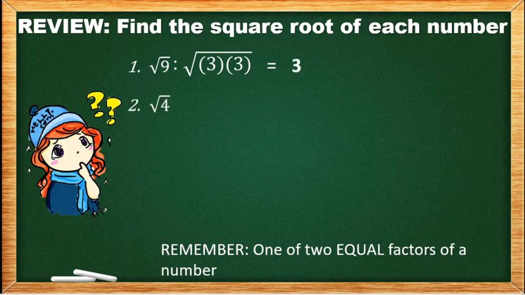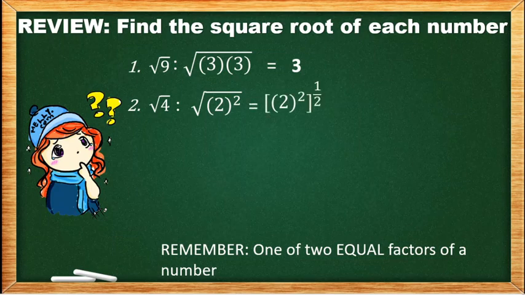And number 2, another method to find the square root of a number. Let's see how. Square root of 4 equals square root of 2 squared. This is the long method. Equals 2 squared raised to 1 half. The 1 half is equal to the square root. That means the exponent form of the square root is 1 half.